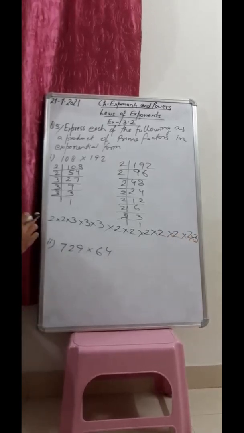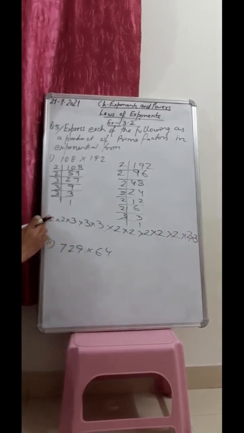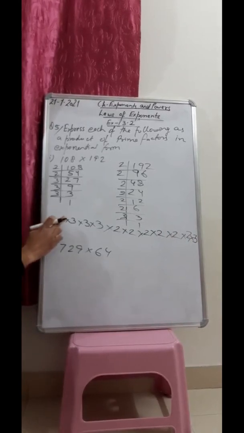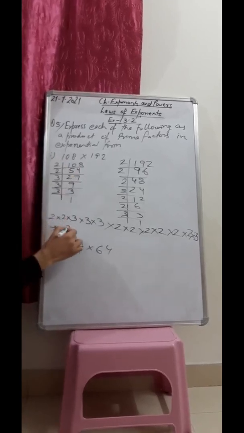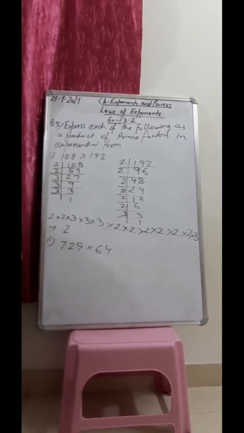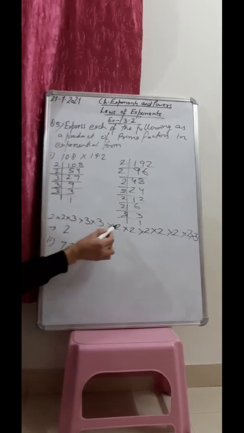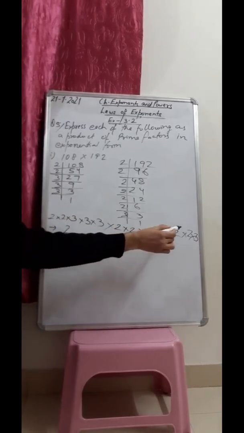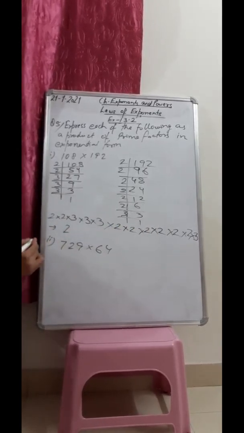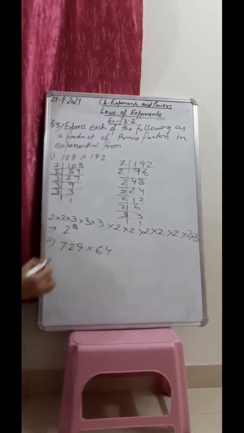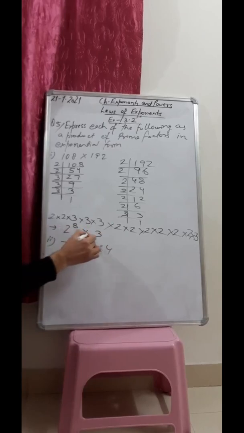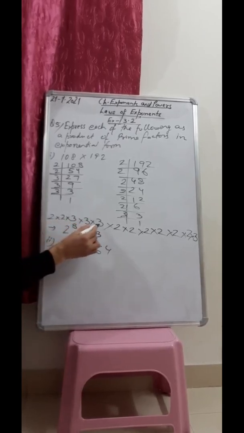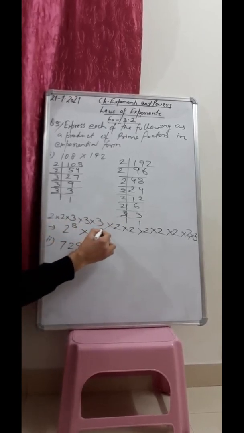So now here the numbers are 2 and 3, so we have to write in exponential form. First the base will be 2, and how many times is 2 coming? 1 2 3 4 5 6 7 8. So 2 is coming 8 times, so 2 power 8, into 3, which is coming 1 2 3 4, so 3 is coming 4 times.